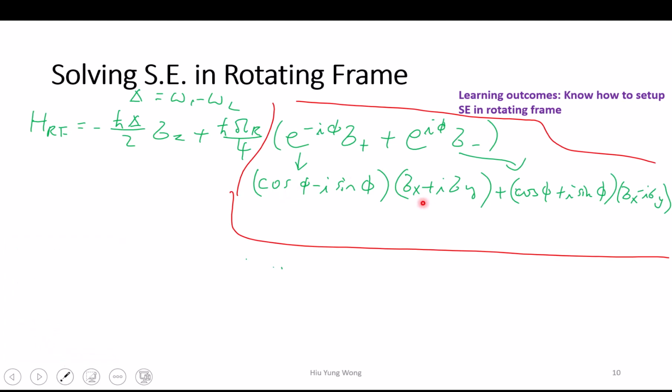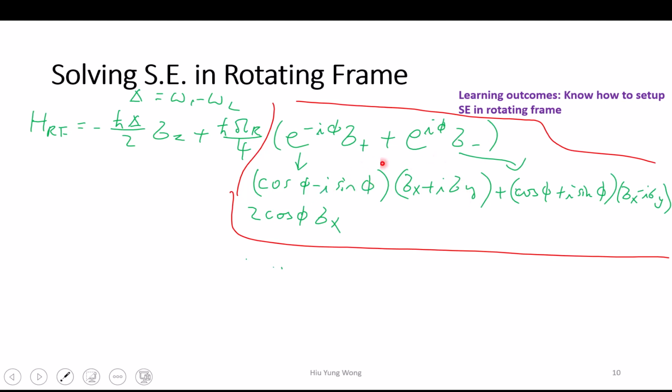Cosine phi times sigma, and this is cosine phi times sigma, so I have two of them. I do have 2 cosine phi times sigma x. But sigma x times negative i sine phi and sigma x times plus i sine phi, they got cancelled. i sigma y times cosine phi and negative i sigma y times cosine phi, cancel. But then this one, i times i is negative 1.